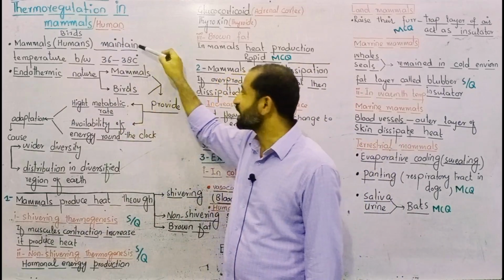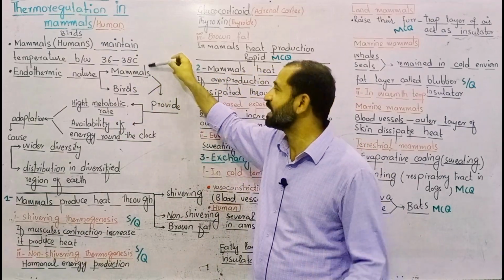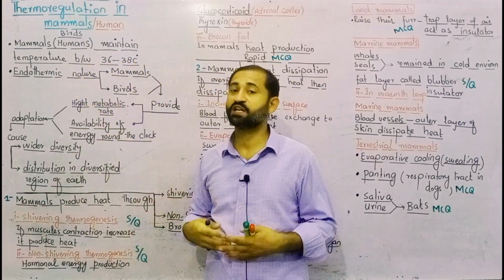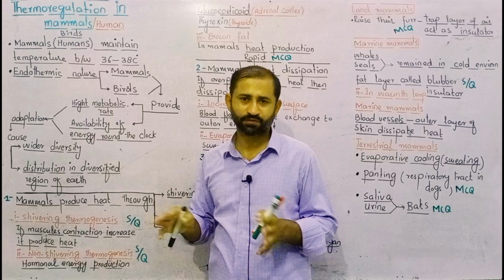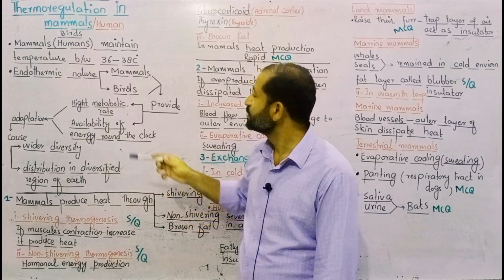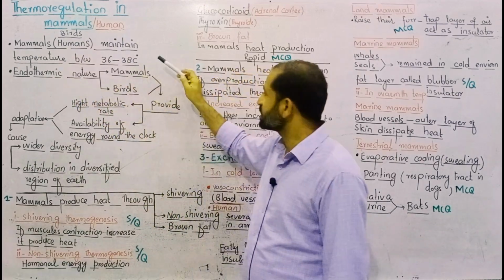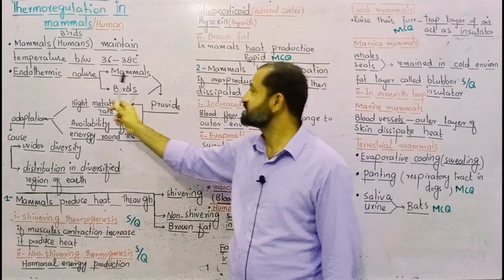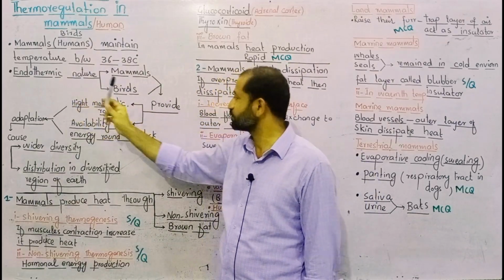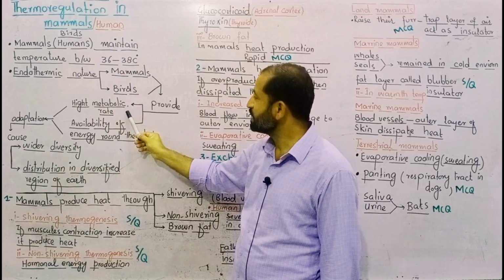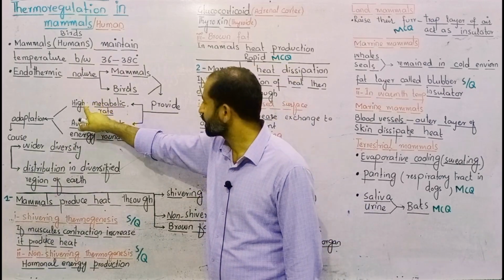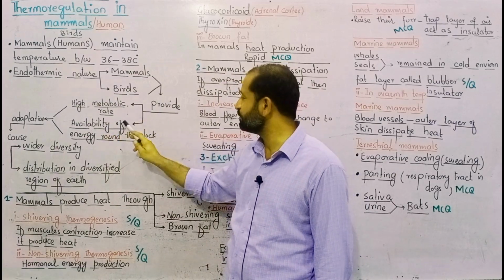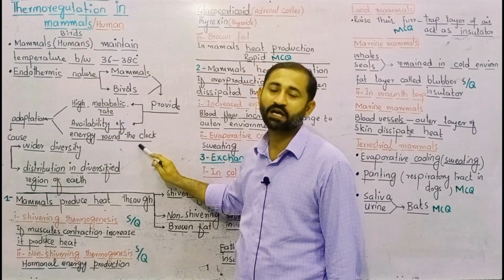So these are endotherms, as we know from the previous lecture that mammals are endotherms, meaning they produce their internal body heat and keep their temperature around 36 to 38. The endothermic nature of mammals and birds is responsible for, number one, a high metabolic rate, and number two, availability of energy round the clock.